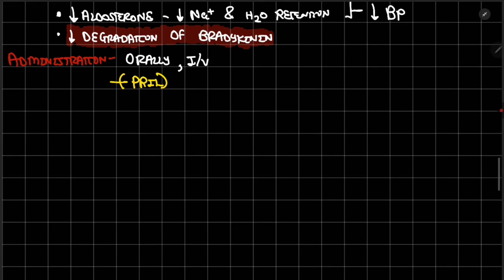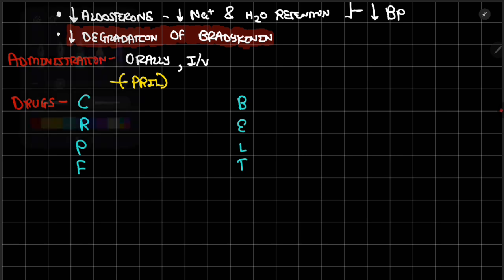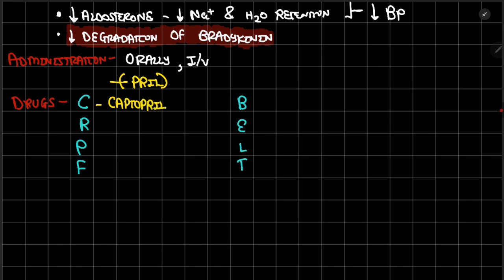The names of the drugs come with a mnemonic which says CRPF BELT. So C for captopril. Captopril is not used because it is banned.